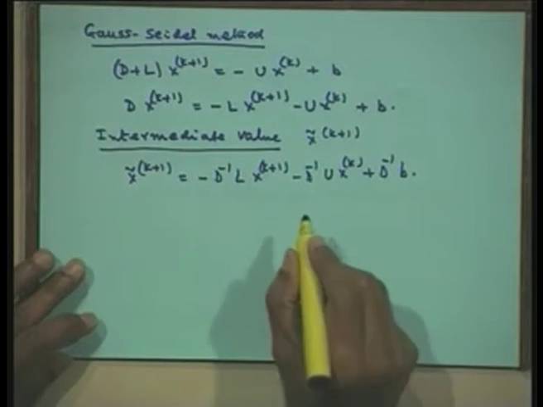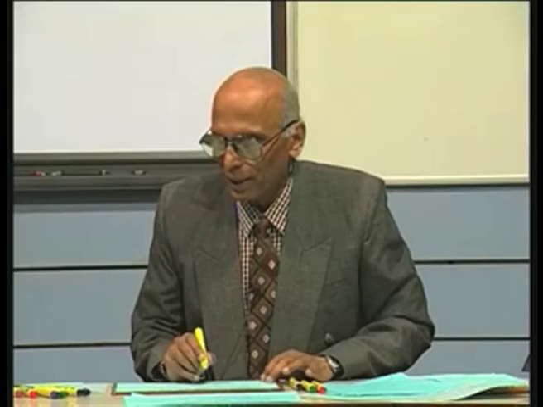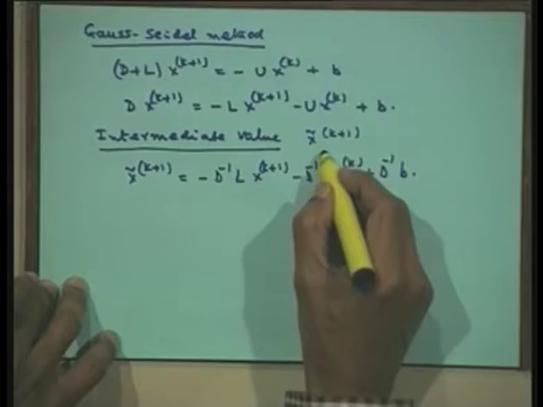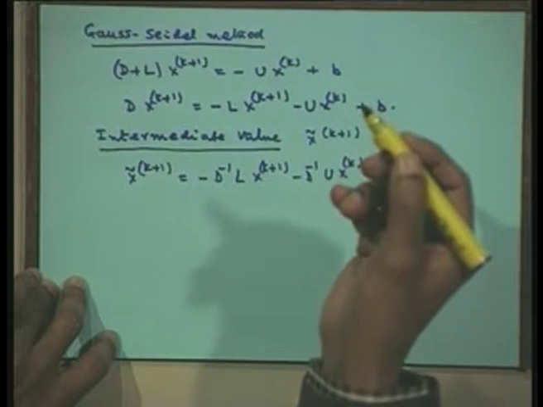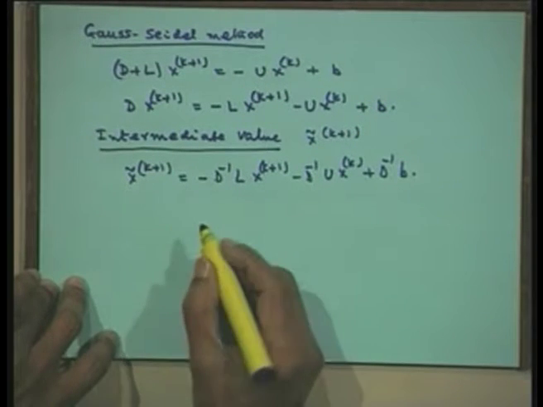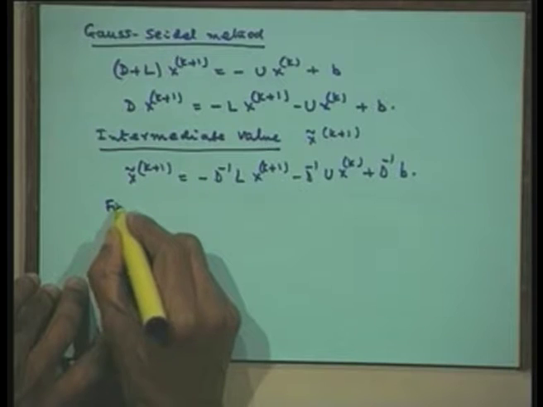Now, this intermediate value has really no meaning as it is. We shall use it to construct the final solution, and we will not specifically say that it approximates our solution. We shall use this intermediate value and the previous iterated value x^k to build the final solution.